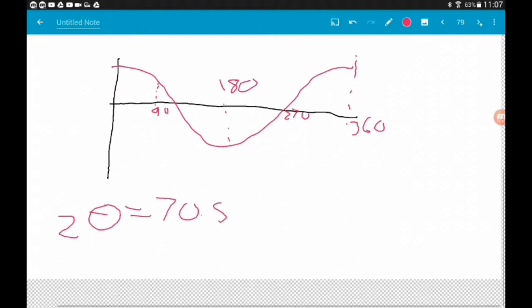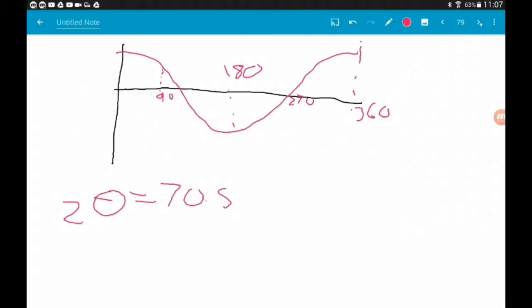So we add 360 to 70.5, and that gives us 430.5. Now, if we were to add another 360, we would be outside of our interval for 720. It would be 790.5. So we don't need to add another 360.